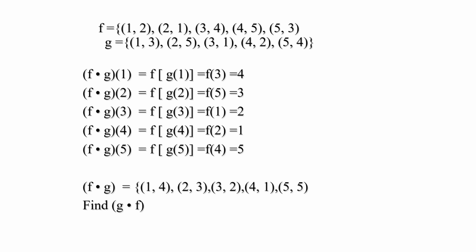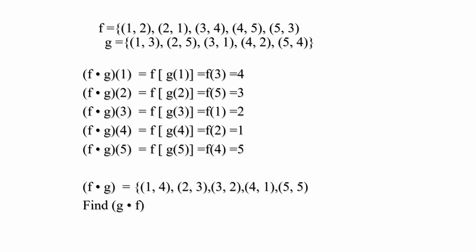F of 3 means you have to find out in function F to which element 3 is associated. In function F, 3 is associated with 4. That means F of 3 is equal to 4. So F composition G of 1 is equal to 4. Or in the composition function, we can write an ordered pair 1, 4.